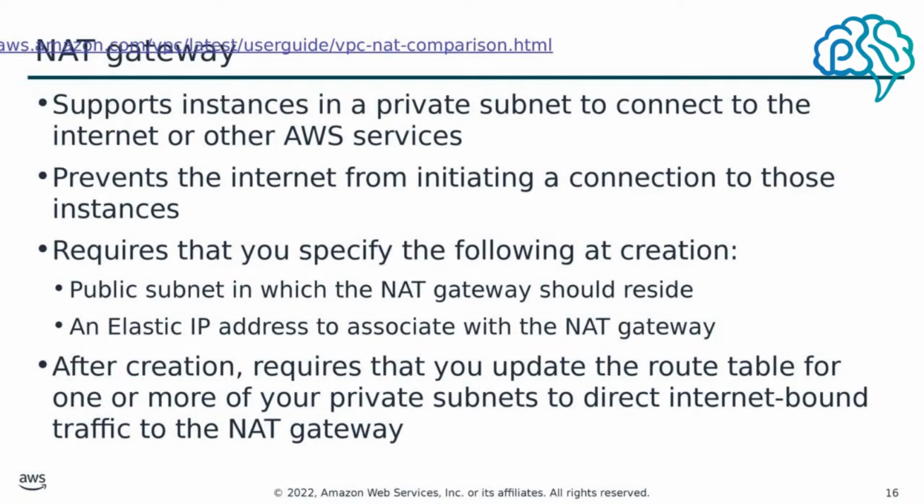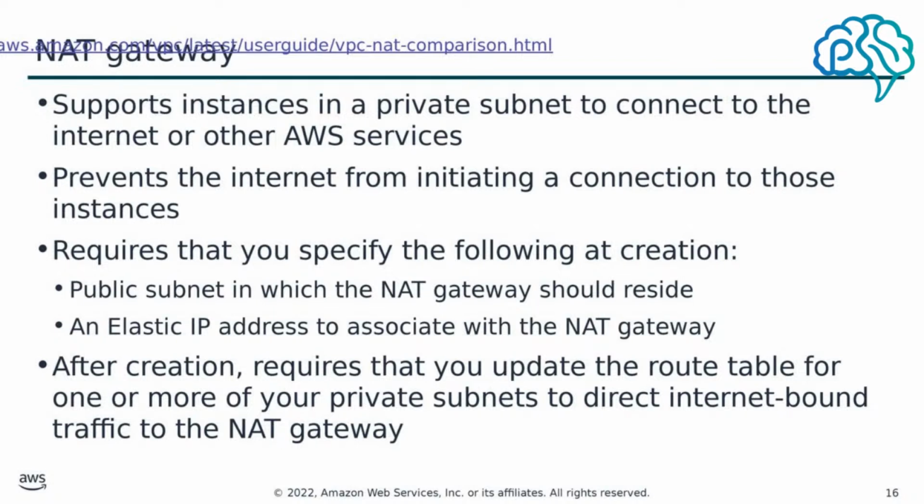And then as a result, the instances in the private subnet can now communicate with the internet. Now, you also can use a NAT instance in a public subnet in the VPC instead of a NAT gateway, but a NAT gateway is a managed NAT service that provides better availability, higher bandwidth, and less administrative effort.